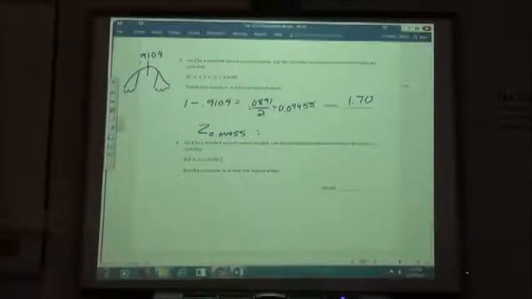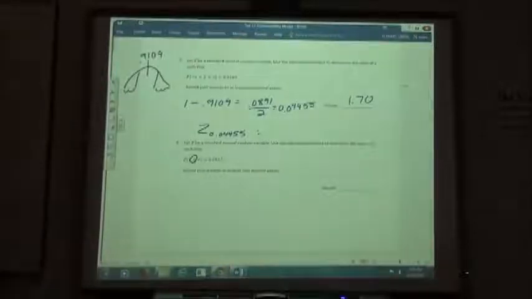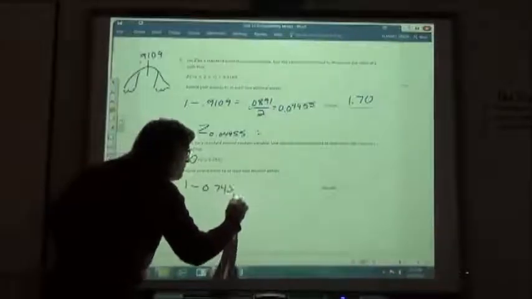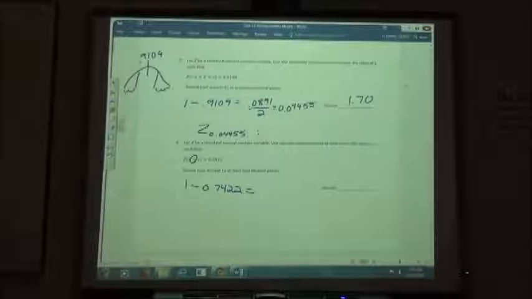Number 6. Notice this is a less than instead of a greater than. If it's a greater than, you just do the z sub number. But if it's a less than, we have to first do 1 minus that number, and then find the z that goes with that.